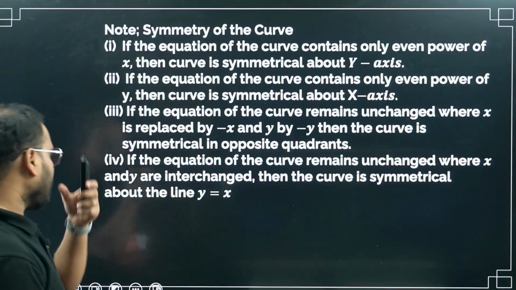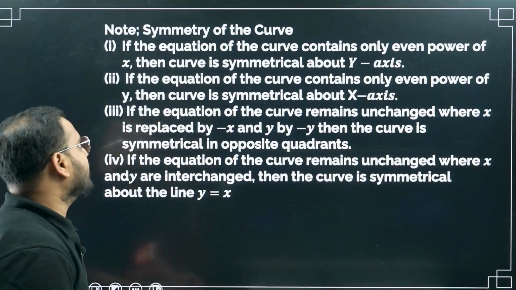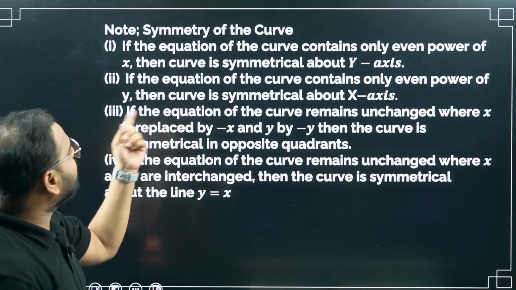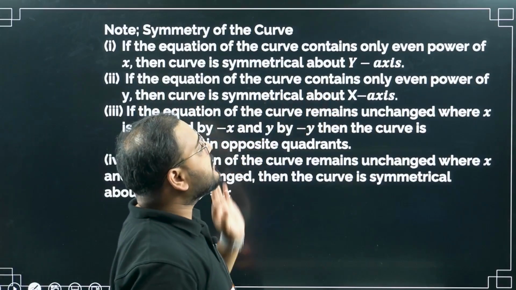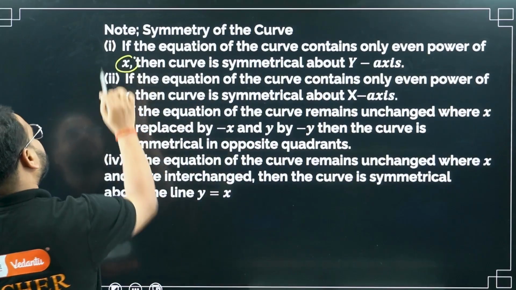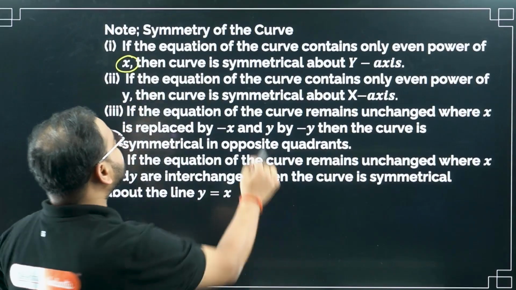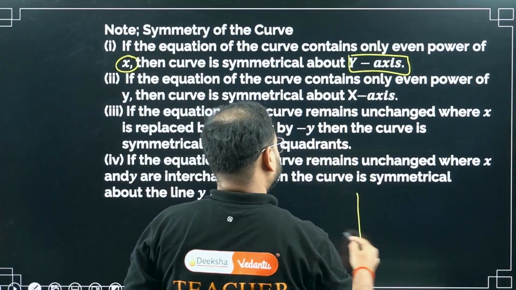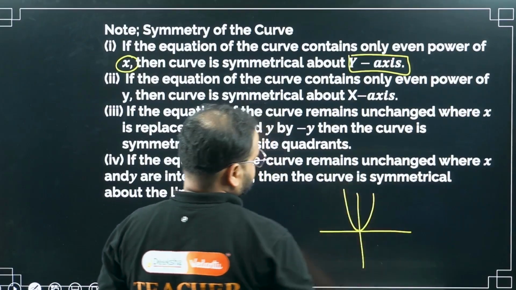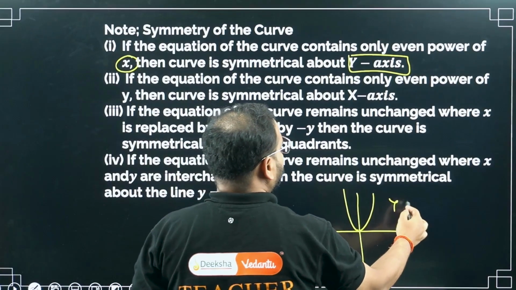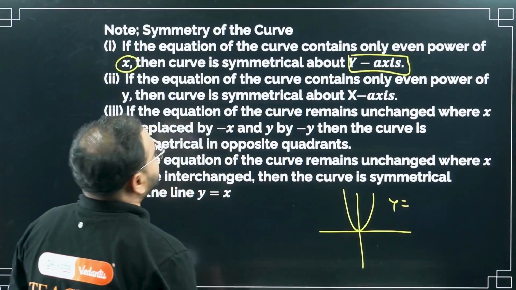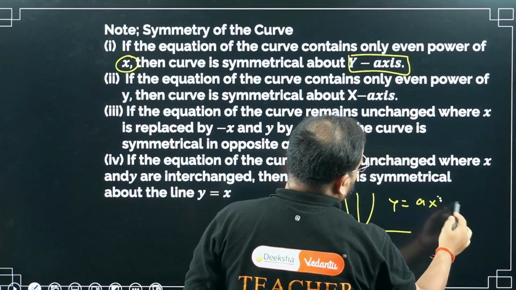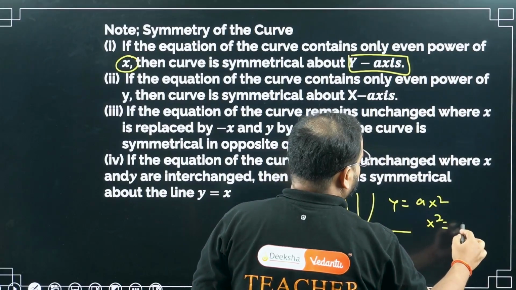Moving on. Now a few notes about the symmetry of the curve. I think I've taken a question on this, I'll show you later. If the equation of the curve contains only even powers of x, then the curve is symmetric about the y-axis. For example, y equals to something with even powers of x, or x square equals to 4ay, or x square equals to ay, something like that.